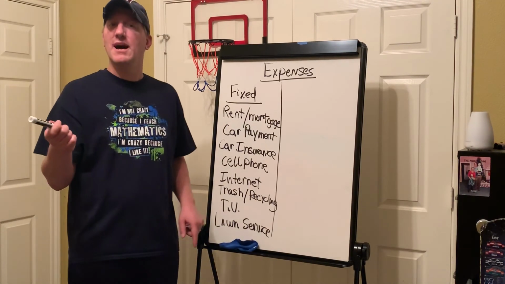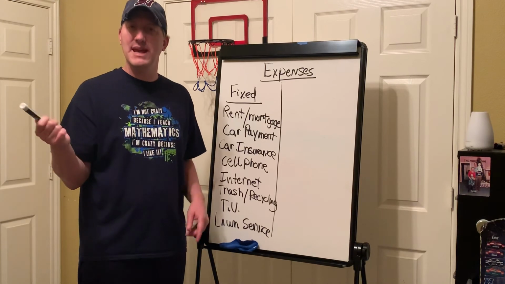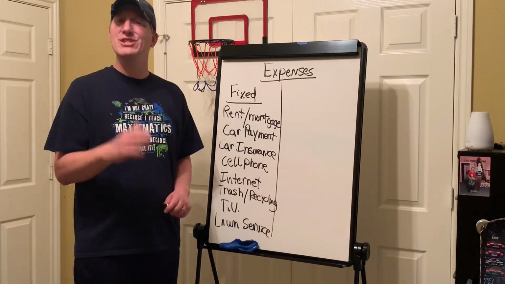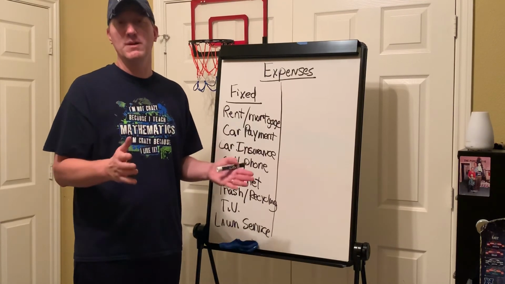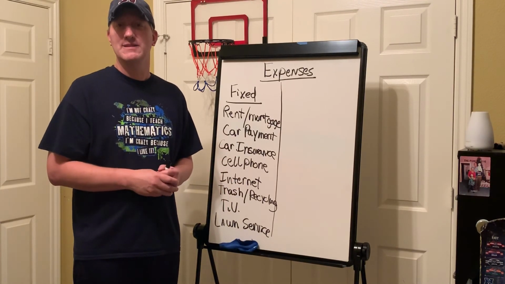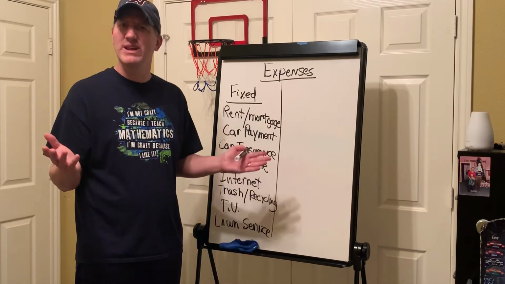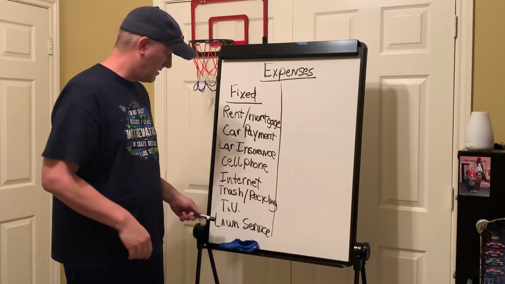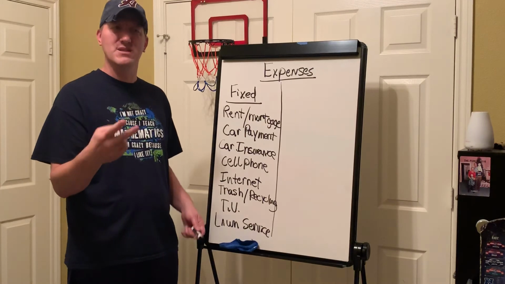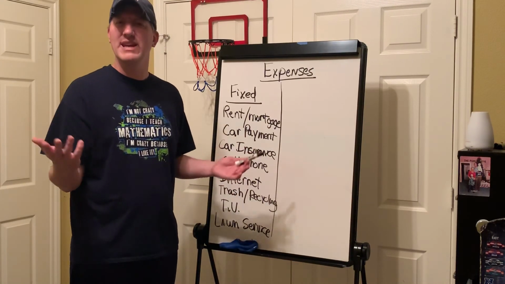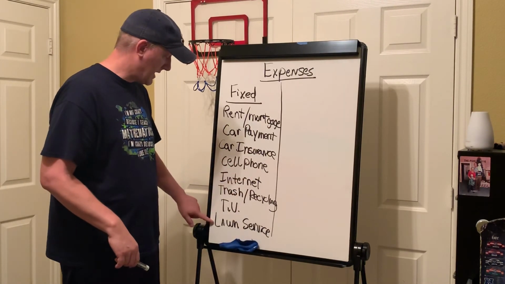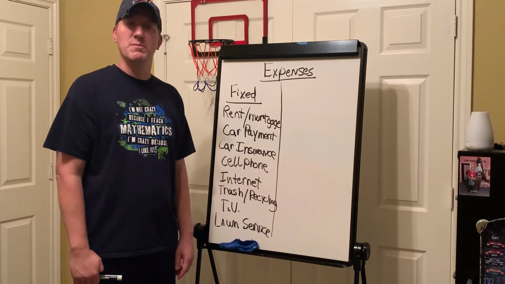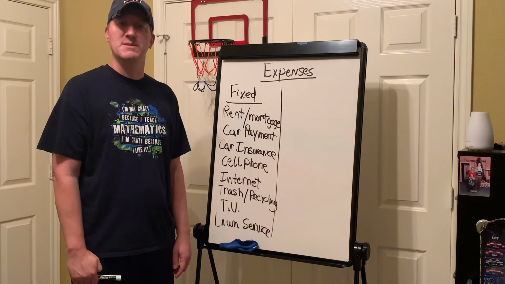In fact, the lady came today and mowed her lawn, and she pays the same payment every month. I think it's like $30 or $40 every time she comes, and I think she comes like twice a week. So what would that be, like $60 or $80 a month? So the lawn service would be a fixed expense.